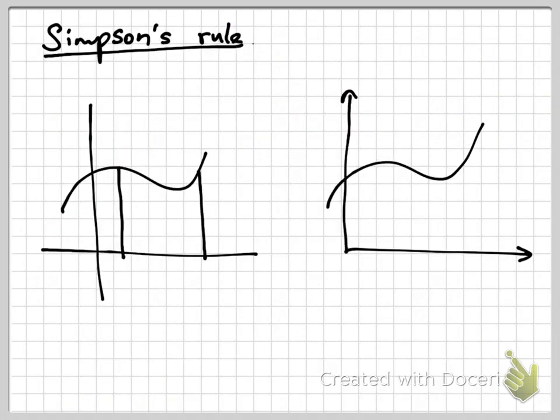Simpson's rule is one of the other ways of using numerical methods to calculate the area under a curve. If you just refresh on the trapezium rule, you divide the area you want to integrate between, let's say, A and B into strips, and you form trapeziums.